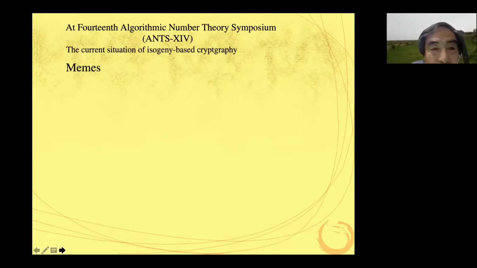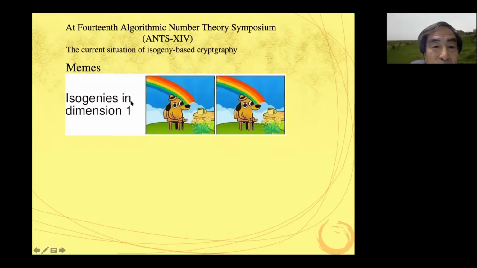First, isogeny in one dimension, the case of elliptic curves: cryptographers have examined this situation very well, many theories already exist, and it is a very peaceful situation.